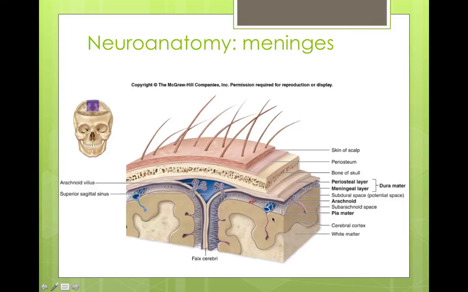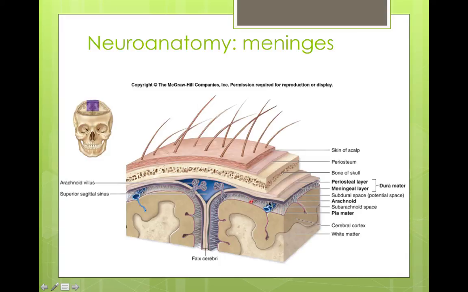Okay. So pia mater goes down the sulcus. So subarachnoid space is not tall here, but in here, from here to here, you have the subarachnoid space, because the space is between the pia, which is here, and arachnoid, which is here.